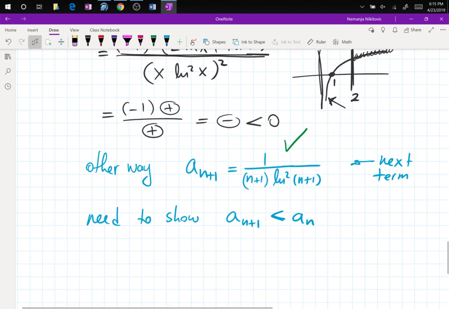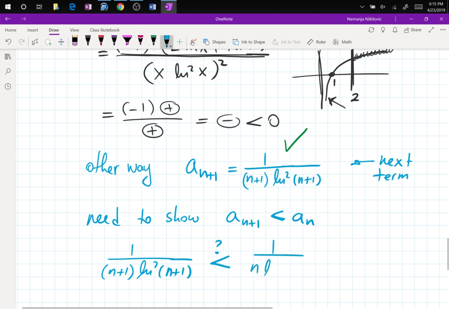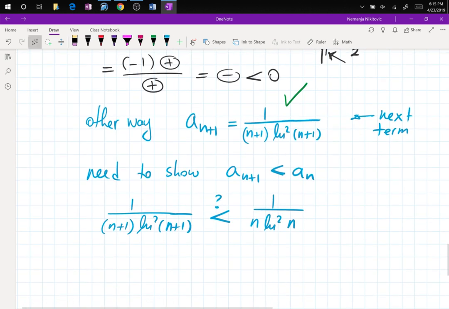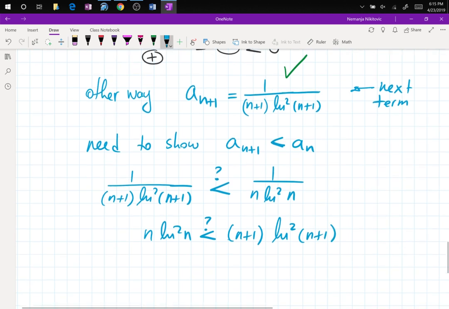This is a_n, right? a_n is taking n = 1, 2, 3, 4, 10, and 100. So you bring in your a_n plus 1, which is this long thing we have, and that needs to be smaller than 1 over n ln squared n. So when you cross multiply, you will get n ln squared n smaller than n plus 1 times ln squared of n plus 1.